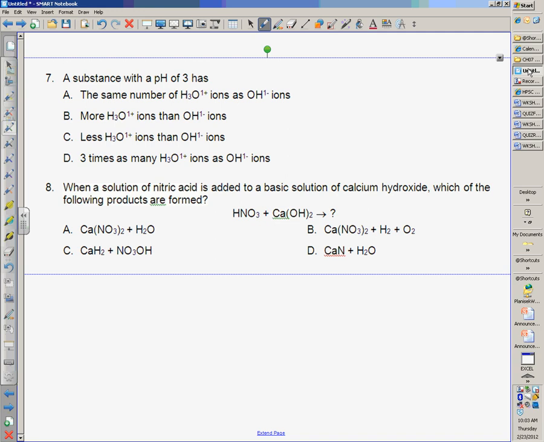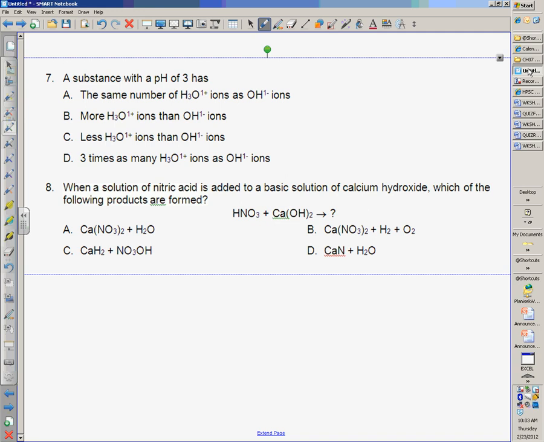It's not acidic or basic. The farther you get away from 7, either the more acidic or the more basic it gets. Acids have lower pHs. Anything below 7 is an acid, but something that has a pH of 3 is a stronger acid than something that has a pH of 5.